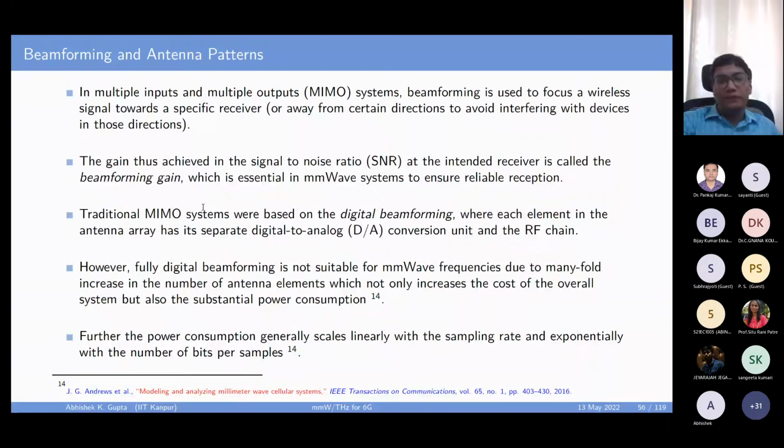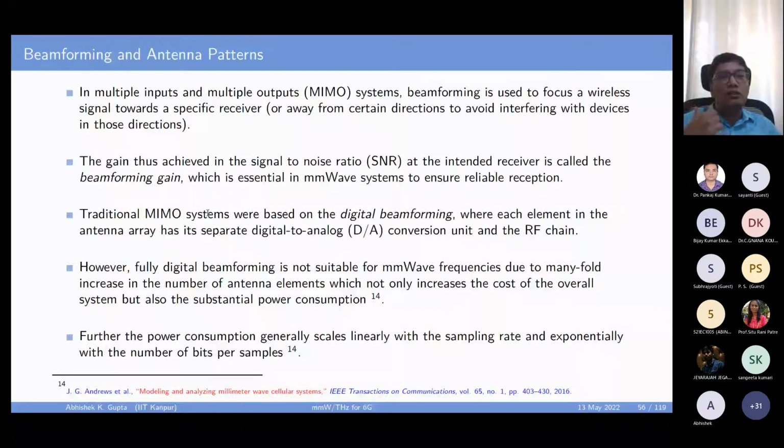Okay, so the gain that's achieved in signal to noise ratio by this beamformer is known as beamforming gain. Traditionally, people use digital beamforming, which means that you receive the signal, you convert it to the digital domain, and there you apply the receiver beamforming. Similarly, when transmitting the signal, you do all the processing on the digital side, right?